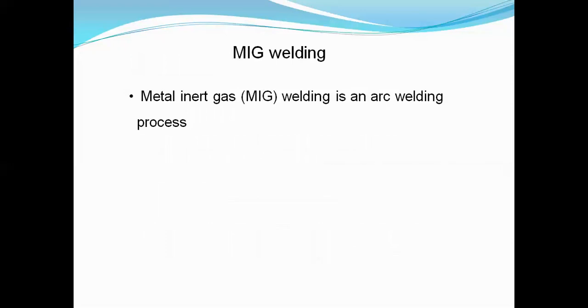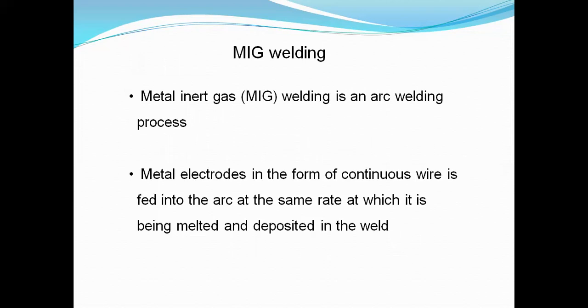Metal inert gas welding. Next process is metal inert gas welding. It is also an arc welding process. Here the metal electrode, in the form of continuous wire, is fed into the arc at the same rate at which it is being melted and deposited in the weld. In the previous method, the tungsten electrode and the filler rod are used.